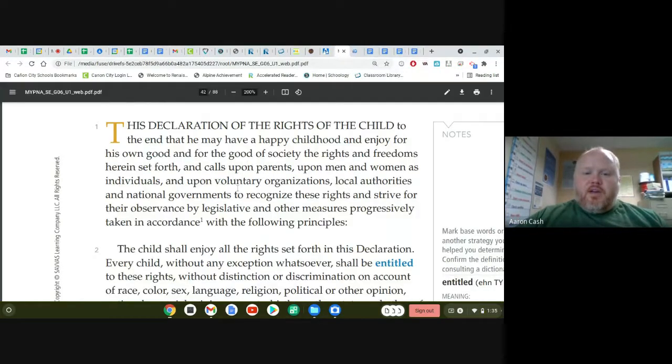If we come back here, we can see happy childhood. It's important that kids get to have a happy childhood. It's calling upon parents and upon governments. Legislative and other measures. So when we talk about legislative measures, we're talking about governments making laws that protect children's rights. So they're hoping that governments are going to make laws to protect children's rights.